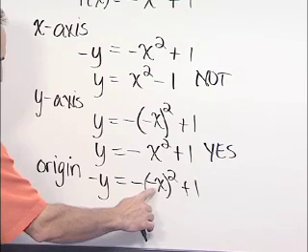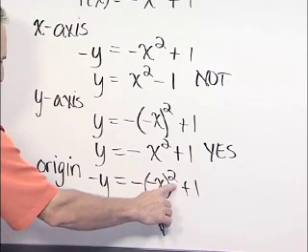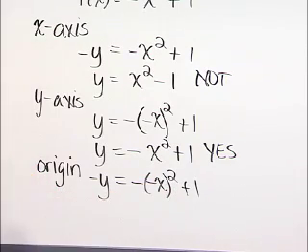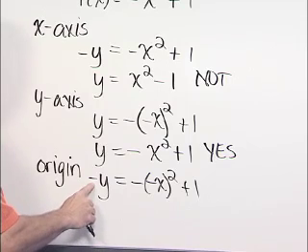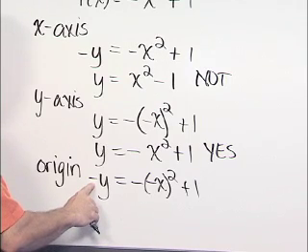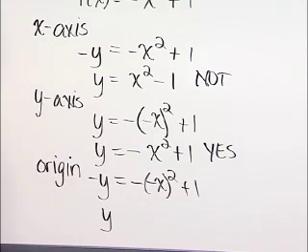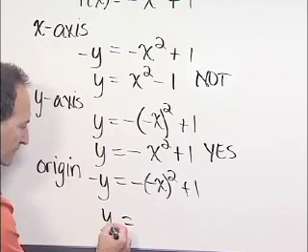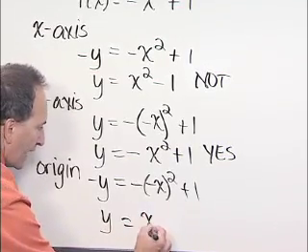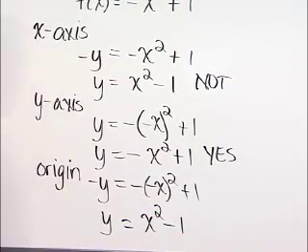The parentheses includes the negative, and it gets squared, so that becomes x squared. But we want to multiply both sides by -1, so that on the left-hand side we have y. Therefore, when we multiply through by -1, this becomes y equals x squared minus 1.